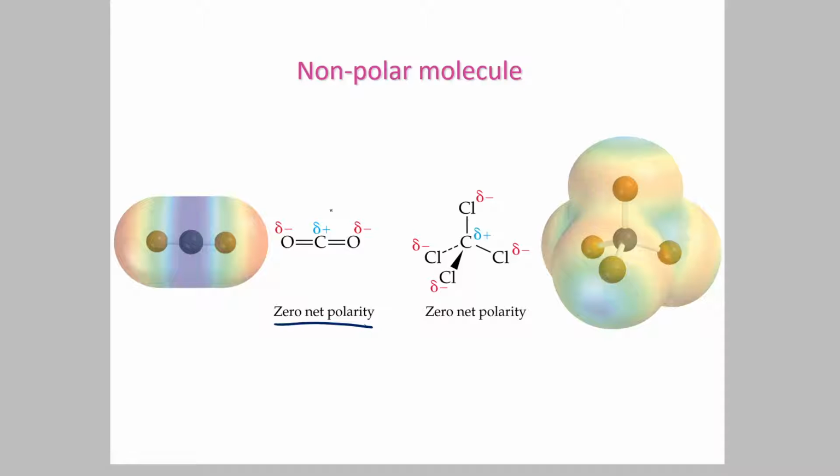Sebabnya, okay, we have a dipole moment daripada carbon ke oksigen, and also sebabkan dia adalah linear, we also have another dipole moment ke arah bertentangan ke oksigen lagi satu. This dipole moment, since saya cakap tadi vector, dia ada direction, so it can cancel out each other. So this dipole moment, they cancel out each other, having a zero net polarity, which is a no net dipole moment. Zero net dipole moment.